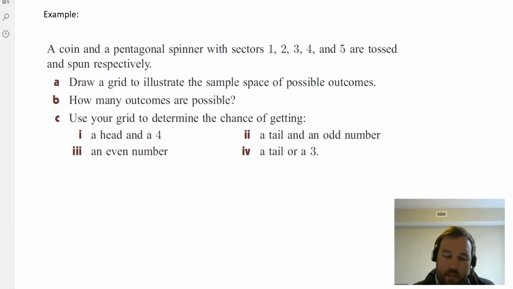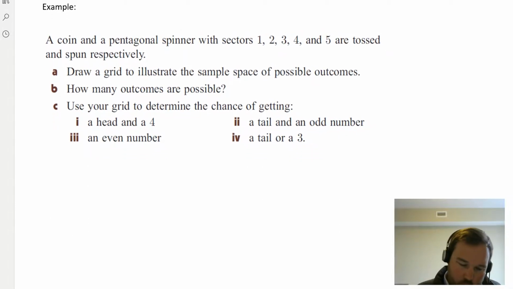Now, one more example. A coin and a pentagonal spinner with sectors 1, 2, 3, 4, 5 are tossed and spun, respectively. Draw a grid to illustrate the sample space of possible outcomes. Alright, in that case here, a coin. You can do it any way around you want, but a coin on top would yield 2. Either it's going to be heads or it's going to be tails.